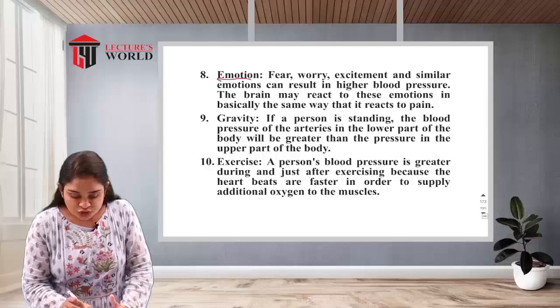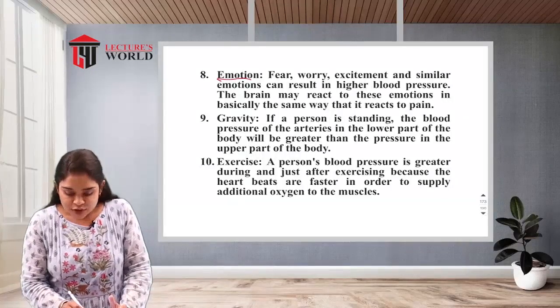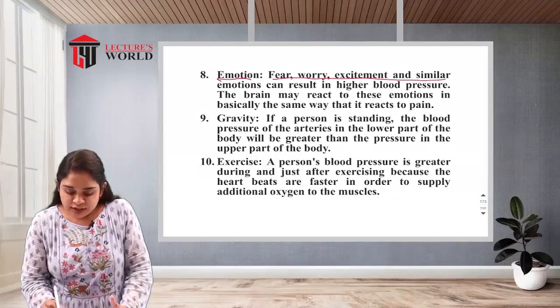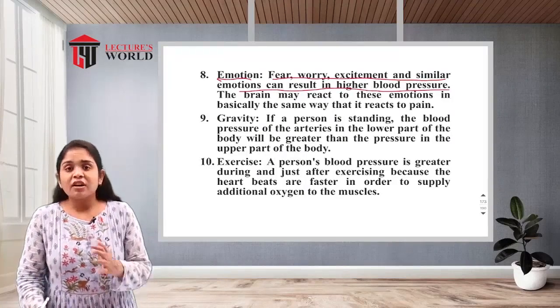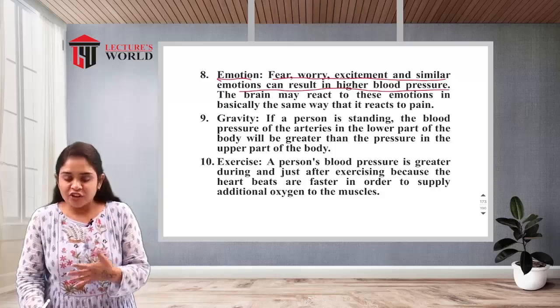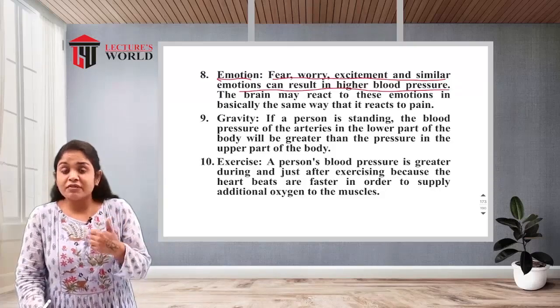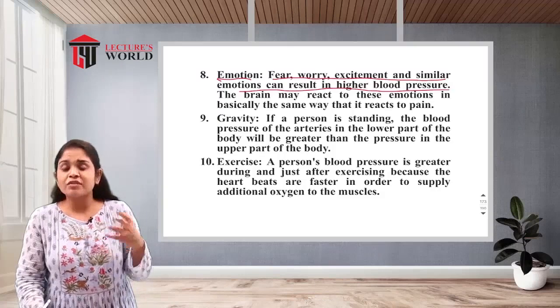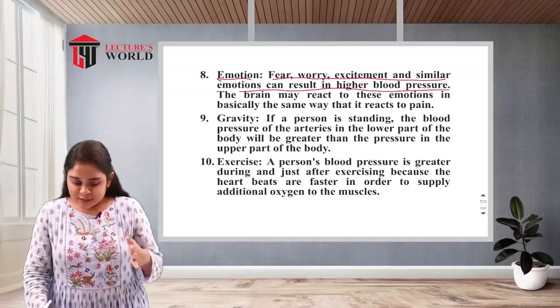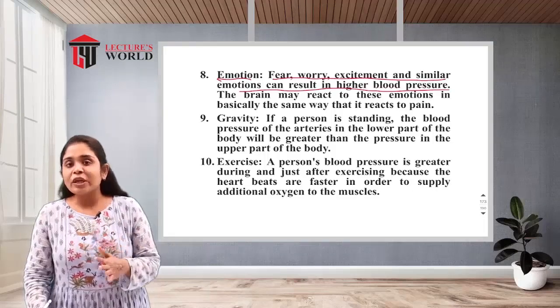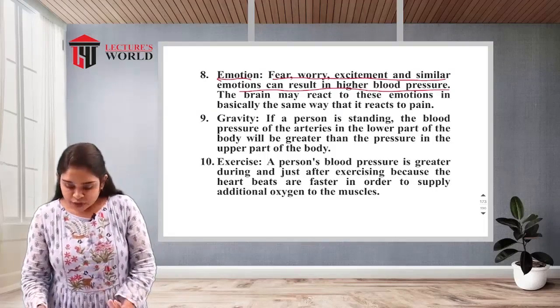Then after that, emotion is another factor. Fear, worry, excitement and similar emotions can result in higher blood pressure. If we have this kind of emotion, like fear, or if we are thinking so much, taking so much tension, or we have so much excitement, at that time our blood pressure is going to be affected.